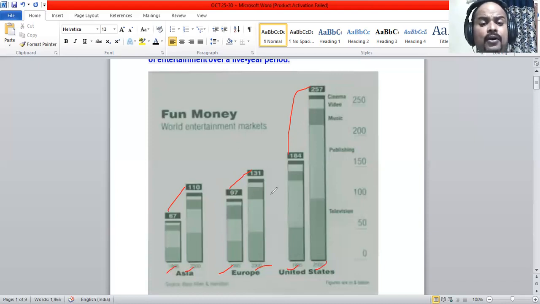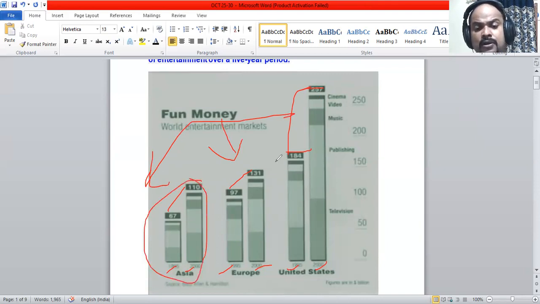You can see the growth of spending in the US was exceptional. In the case of these two continents, Europe and Asia, the spending in the whole regions was less than the US.